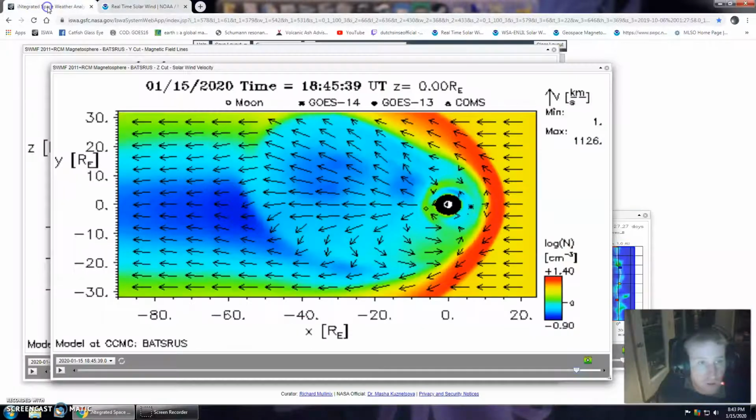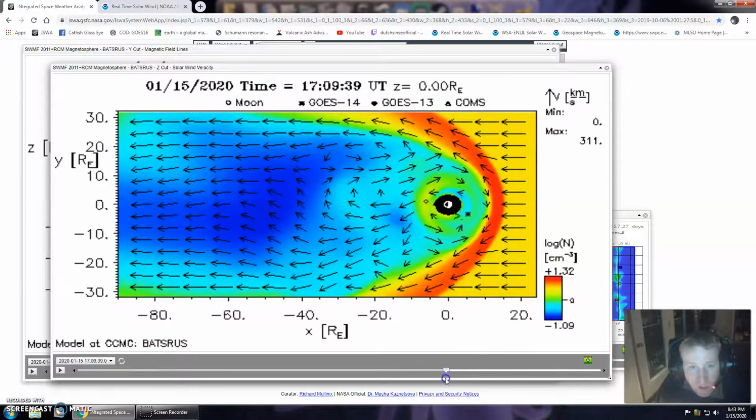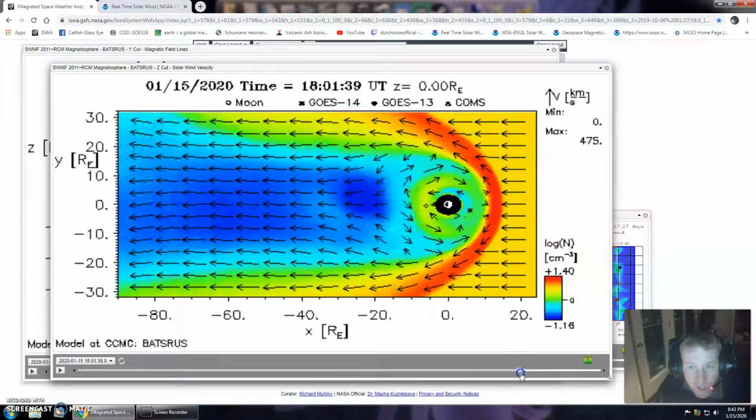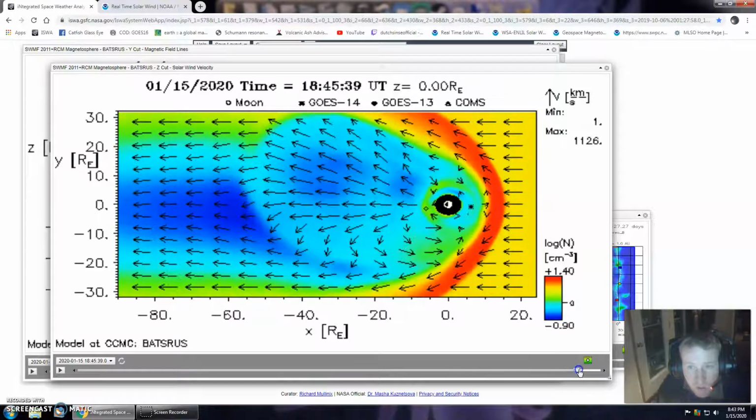So that means everything coming from the sun should be around 350, 400 kilometers per second, which we do see, that baseline number. But when we get to that event I'm showing you, we're at 1126. No energy from the front.